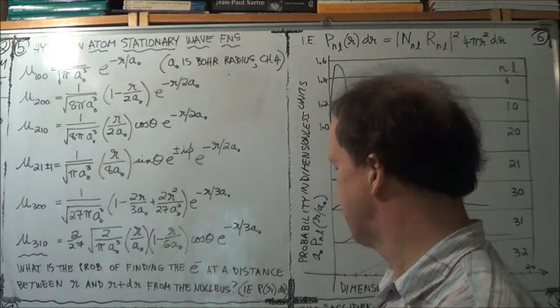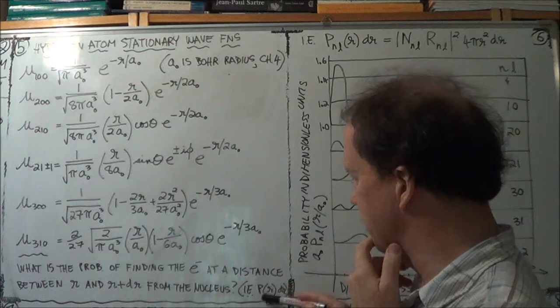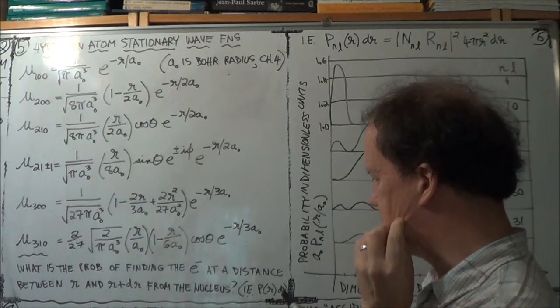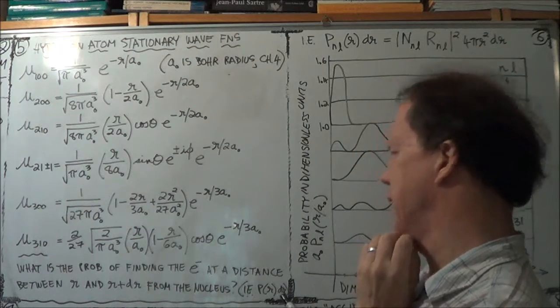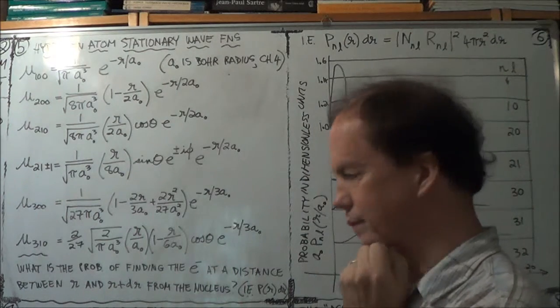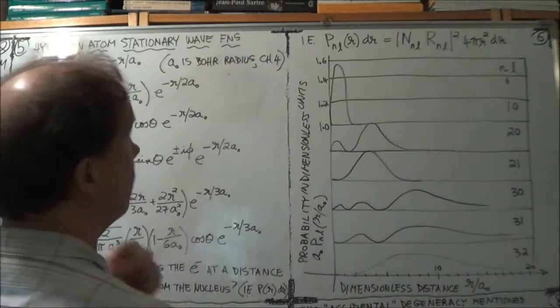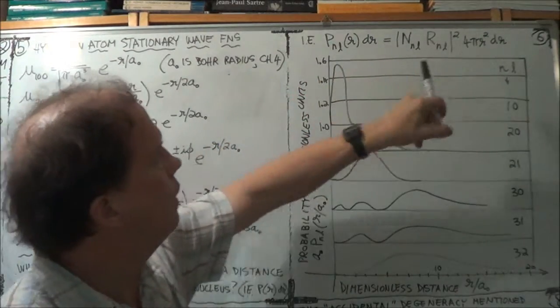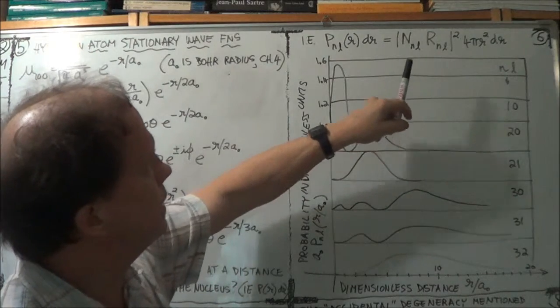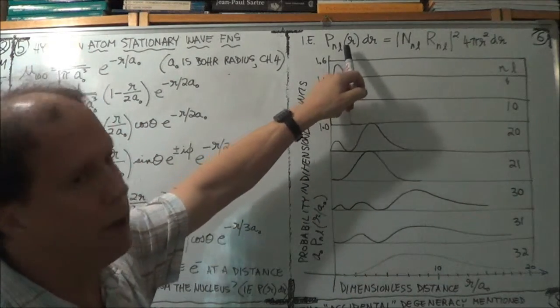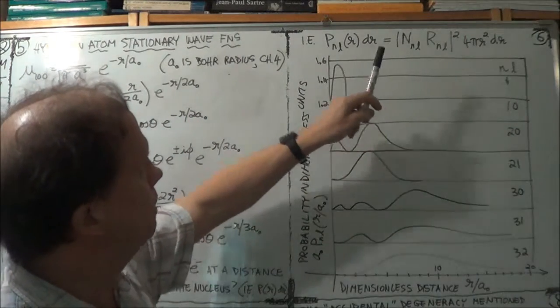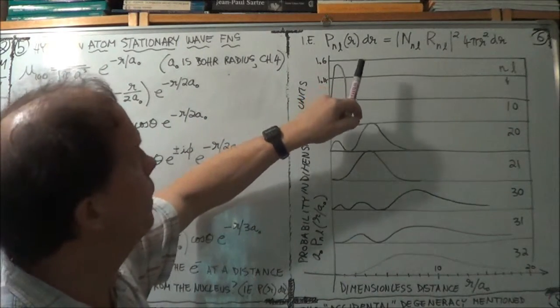Okay, so here's your probability density p, and dr, as simple as that. Probably this is clearer this way. So you're talking about r, you're not interested in the angles, theta and phi.